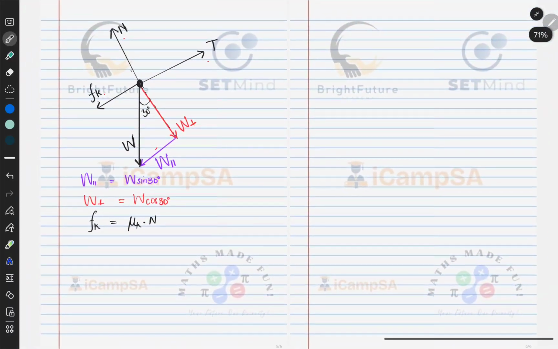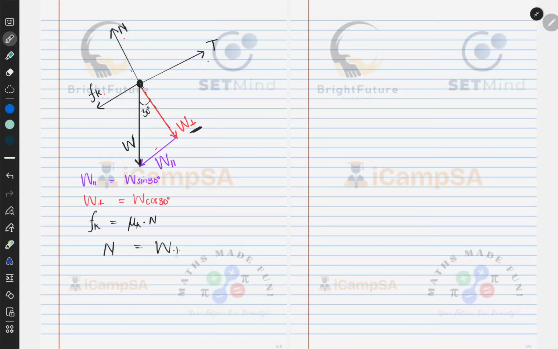To find the normal force, we usually take the sum of all the forces along the vertical axis, which is along the N. Usually if there's only two forces, the normal force and whatever other force, in this case weight perpendicular, we just say normal force is equal to that force.